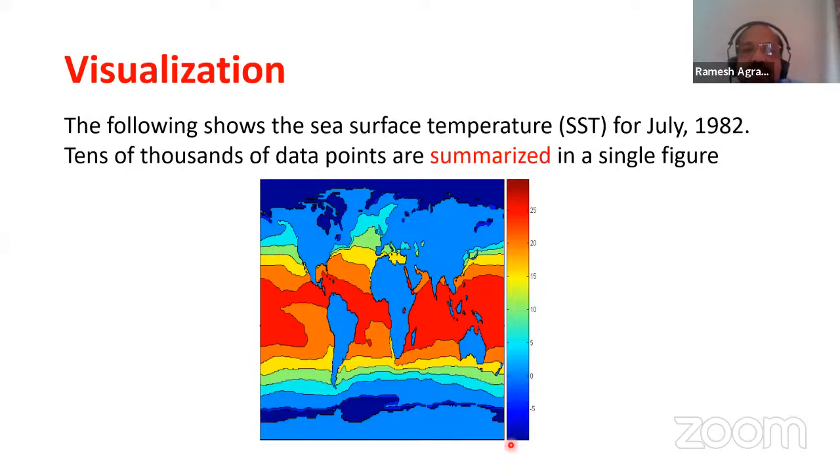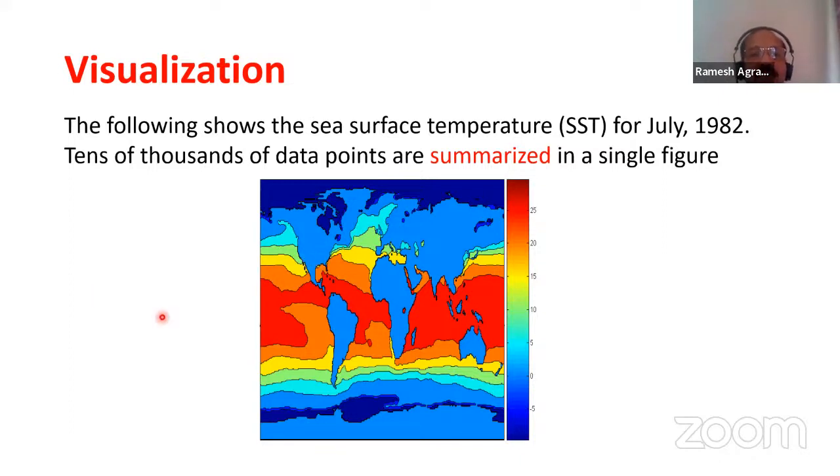If the color is this in the map, then the temperature is around 30 degrees, while if the color is this, then the temperature is around minus 10 degrees. If the color is somewhere around like this, then the temperature is around minus 15 degrees. So you are able to see through one image how the temperature is varying across the whole globe.